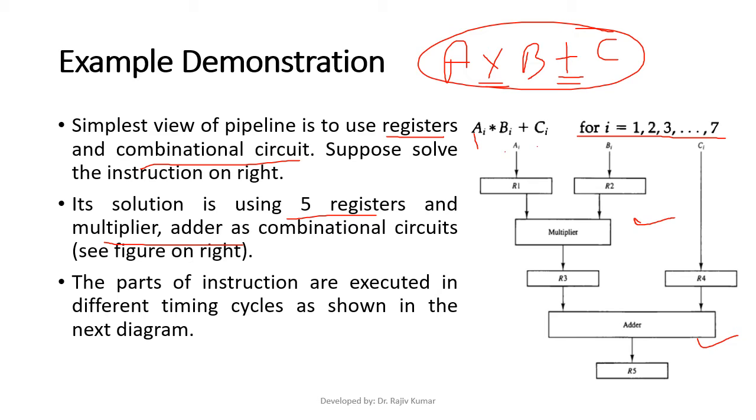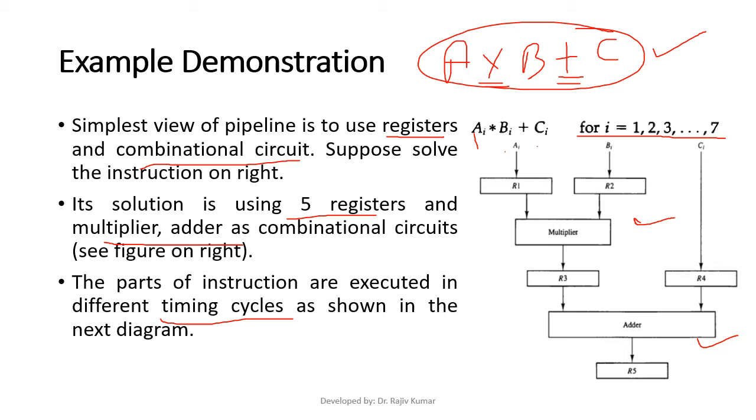The parts of the instruction are executed in different timing cycles as shown in the next diagram. Here we have seen the registers and combinatorial circuits, and how they are used to implement pipelining to solve this particular instruction.